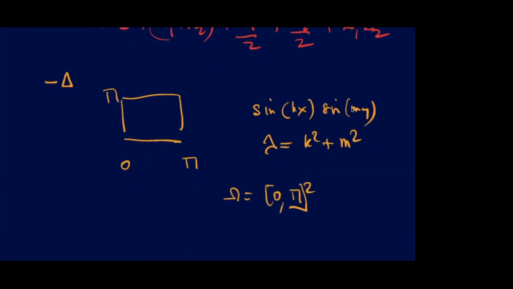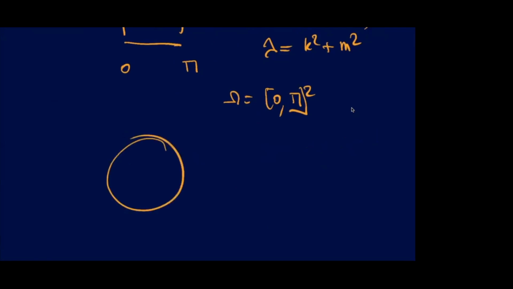Now, if you give me the Laplacian on the disk, then I can do it in polar coordinates. It's a bit more tricky, but I know the eigenfunctions can be written in polar coordinates like this: the angle dependence and then the radial dependence.